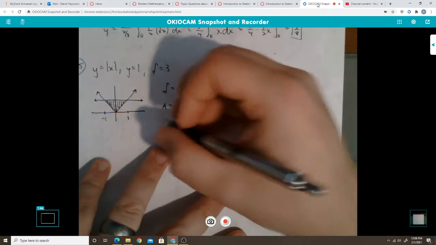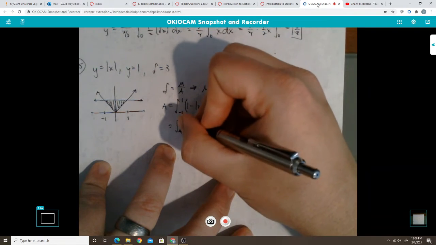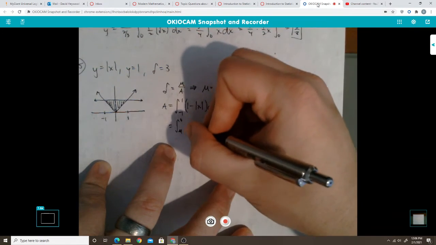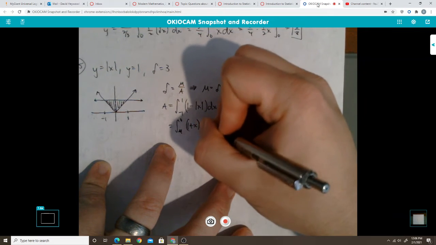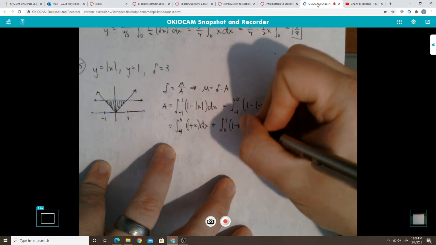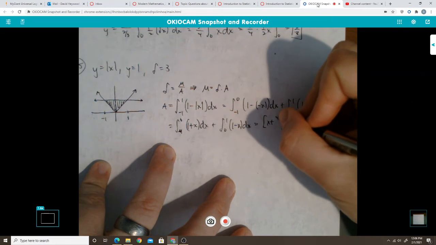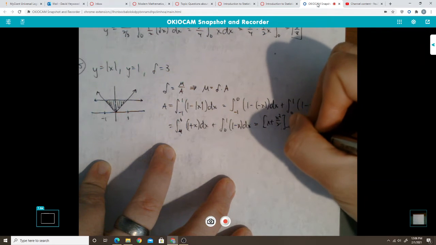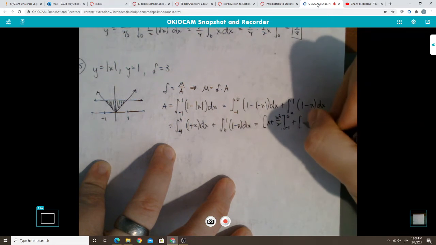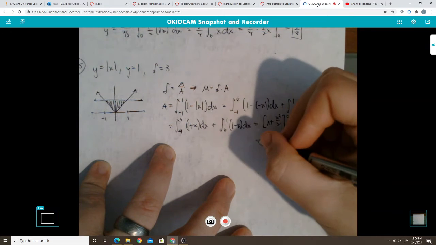From there, it's not bad at all. So the integral from -1 to 0 of 1 plus x dx plus the integral from 0 to 1 of 1 minus x dx. So this is x plus x squared over 2 from -1 to 0 plus x minus x squared over 2 from 0 to 1.